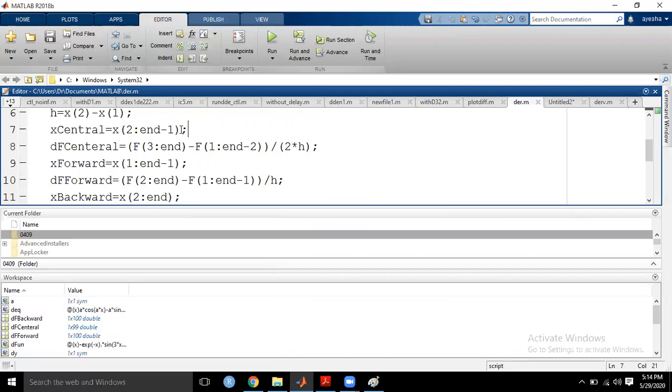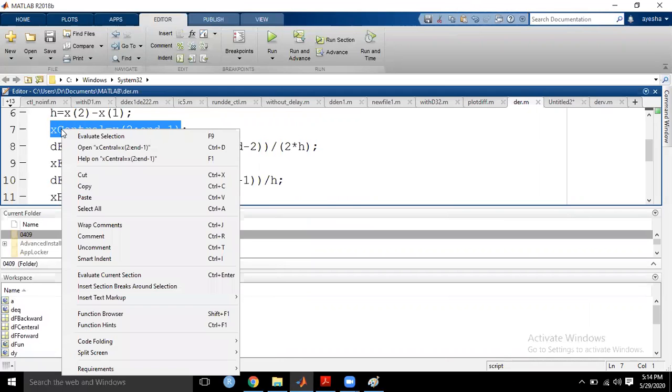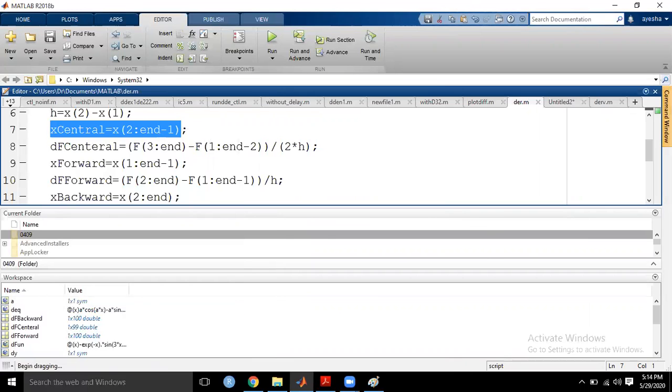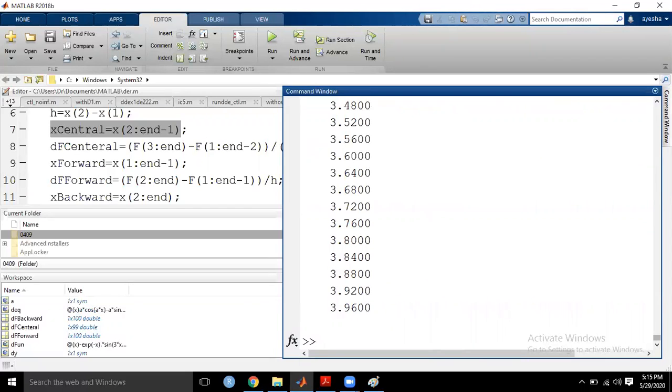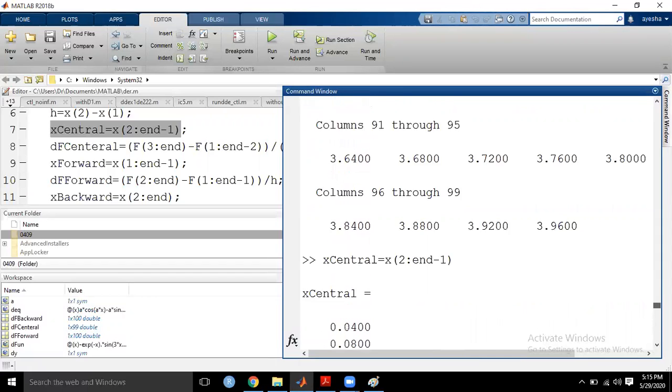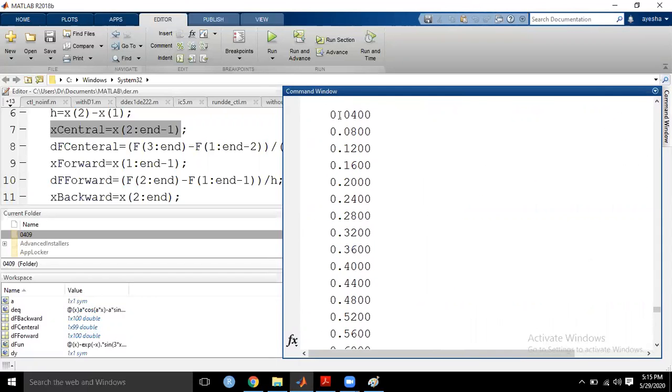Okay, let me show that to you. Let us write it here. Now you can see that my answer is, I have not considered 4 here, and similarly I have not considered 0 here, and my step size was 0.04.